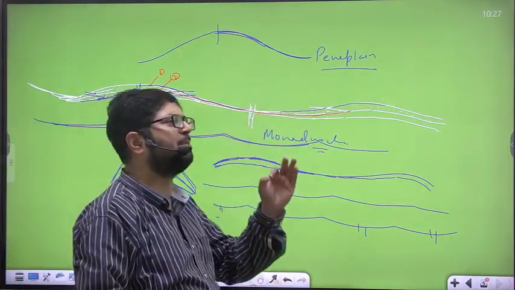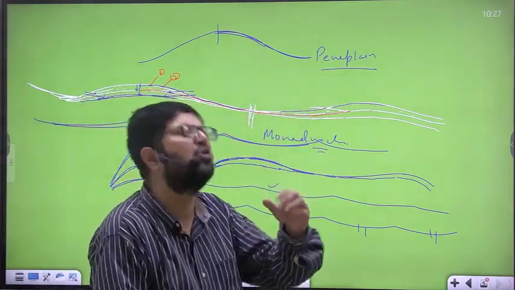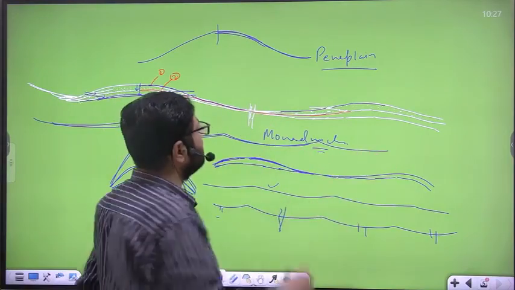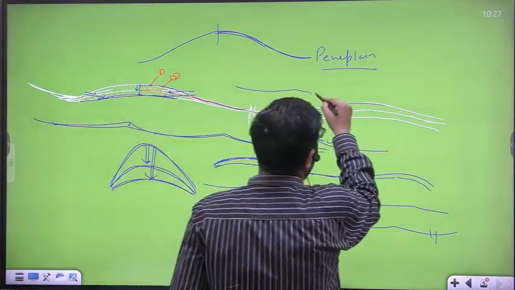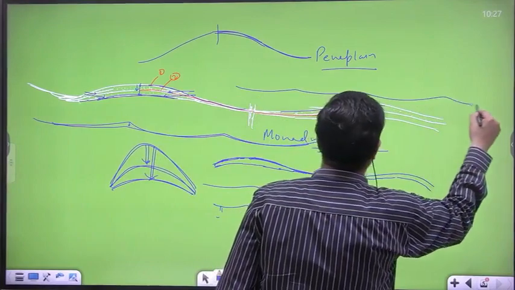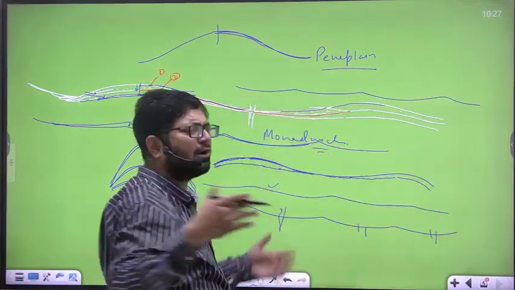Final shape that any erosional surface can achieve by any mechanism is wide low lying concave surface. आता ही नहीं है, कभी होता ही नहीं है, इतनी टेक्टोनिक स्टेबिलिटी होती है.